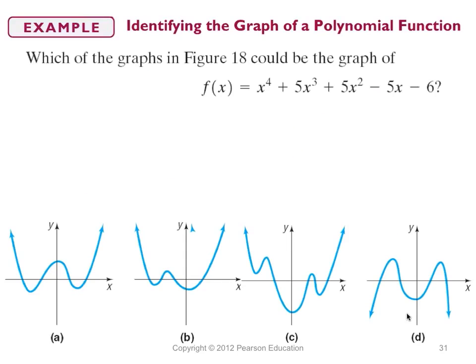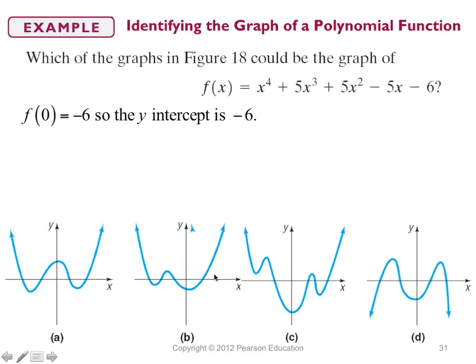So if we look at this graph right here, we can determine which one could possibly be our graph. So if we have f of x equals x to the fourth plus 5x cubed plus 5x squared minus 5x minus 6, we can go ahead and find our y-intercept pretty easily. If we plug 0 in for all of our x's, we're just left with negative 6, which is going to be our y-intercept.